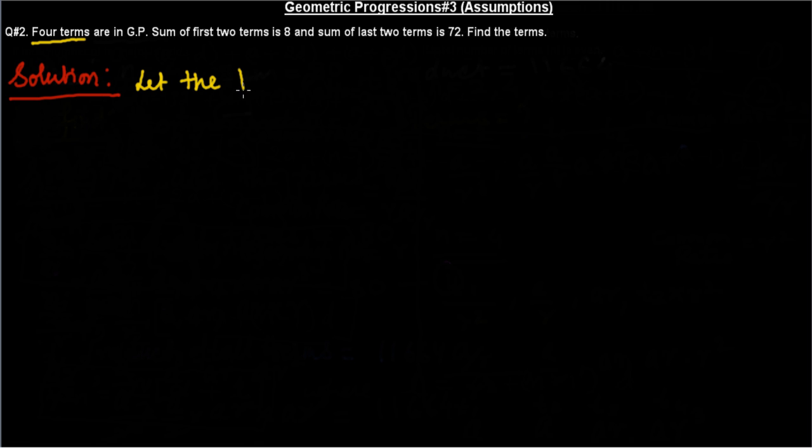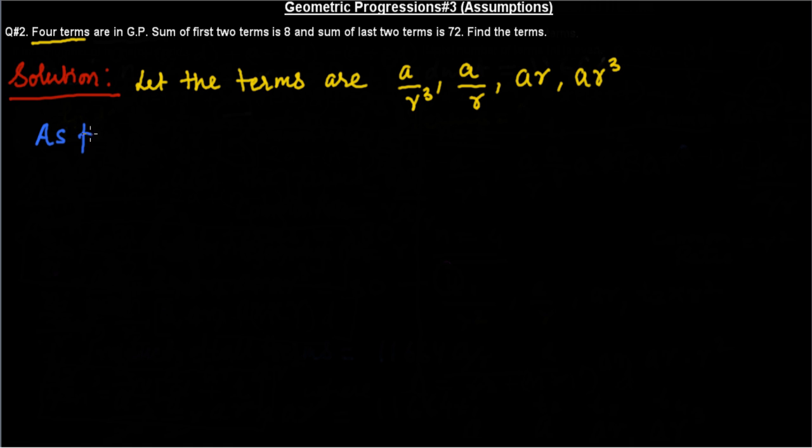Let the terms be A upon R cube, A upon R, A into R and A R cube. As per the first condition, the sum of the first 2 terms is 8.